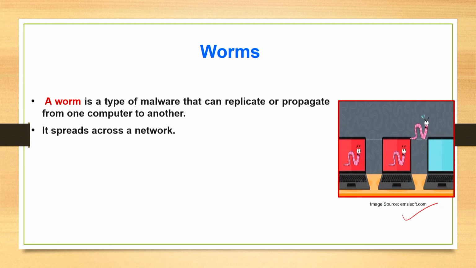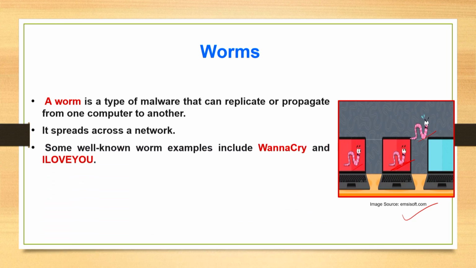Worm is a type of malware. From here you can see it replicates itself or propagates from one computer to another. It spreads across a network. Some examples of a worm are WannaCry and ILOVEYOU.